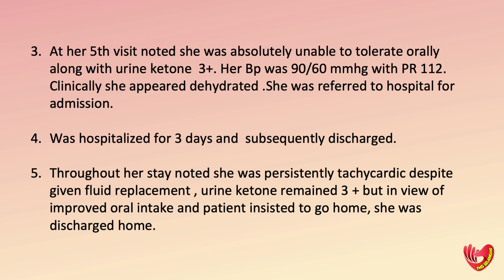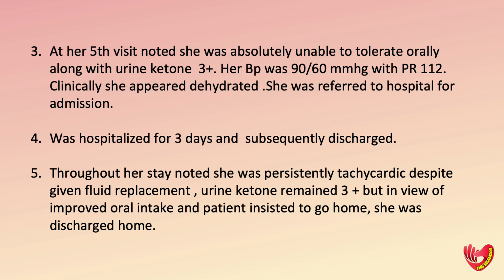At her 5th visit, the doctor noted that she was absolutely unable to tolerate orally, along with urine ketone 3+. Her BP was 90/60, with pulse rate of 112 beats per minute. Clinically, she appeared dehydrated. She was referred again to hospital for admission.